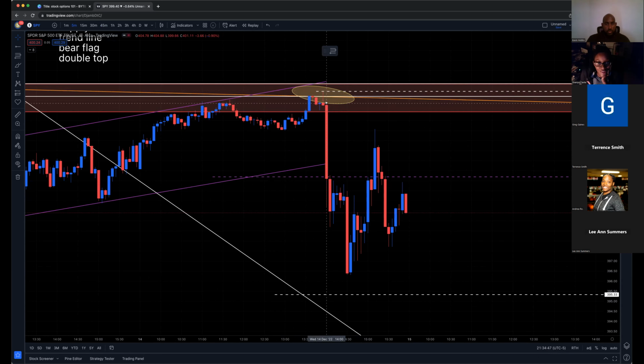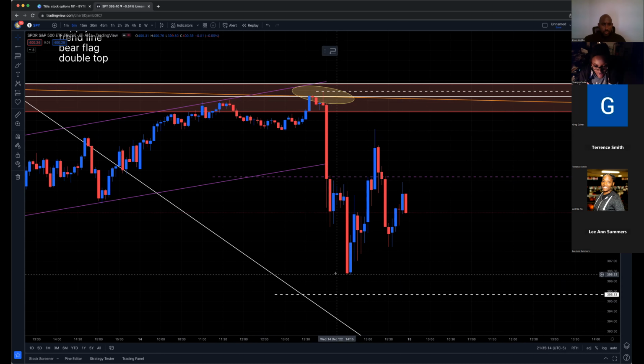But 2 o'clock hits, this thing opens up at 404.79, wicks up to 404.86, so barely moved, and took off. Literally 5 minutes and the market moved 3 points. Huge. Well, it wicked all the way down there, so even more than that. Right now, I'm just saying in the first 5 minutes of this candle, it took off.